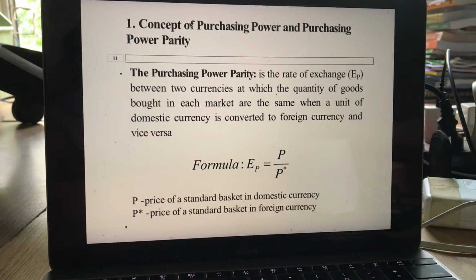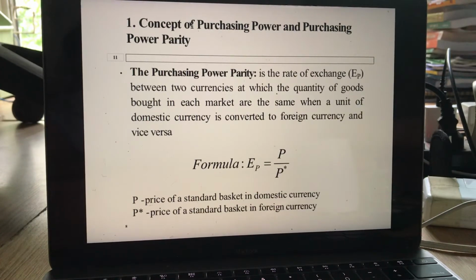And after we derive the purchasing power in the domestic and in the foreign, we come to the concept of purchasing power parity. Purchasing power parity is the rate of exchange, or the exchange rate. So if someone asks you what is the purchasing power parity, first, it is an exchange rate.